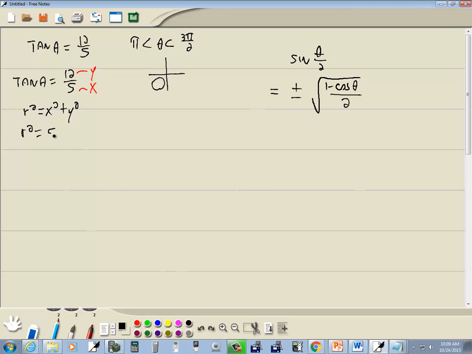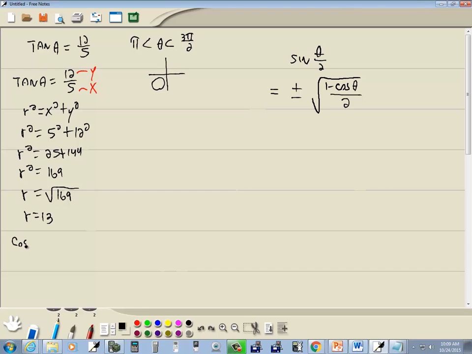X is 5, so we have 5 squared plus y, which is 12 squared. So r squared is equal to 25 plus 144. r squared is equal to 169. Take the square root of both sides, and we get r is equal to 13. I don't worry about the plus or minus because r always has to be positive.